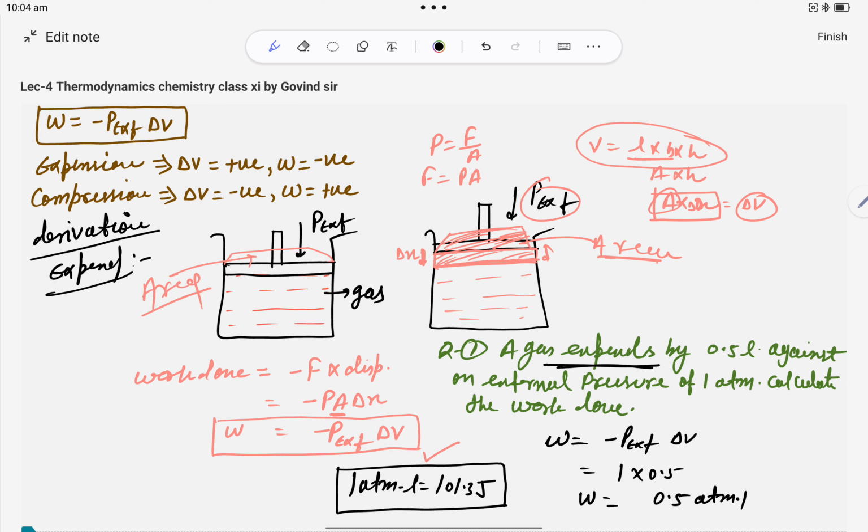And if the gas expanded, then in the case of expansion work is negative, so it is negative.